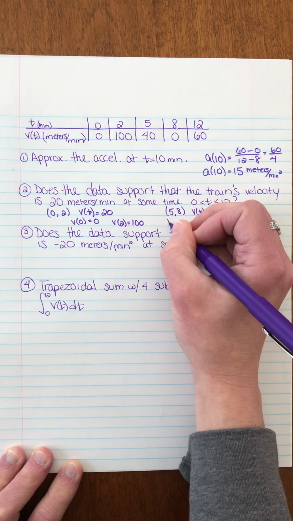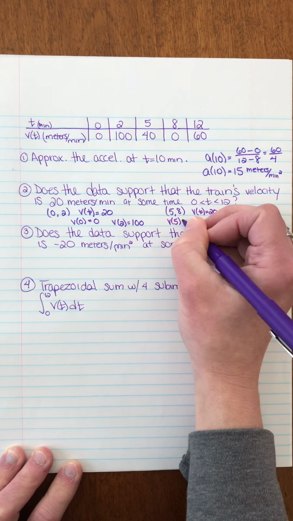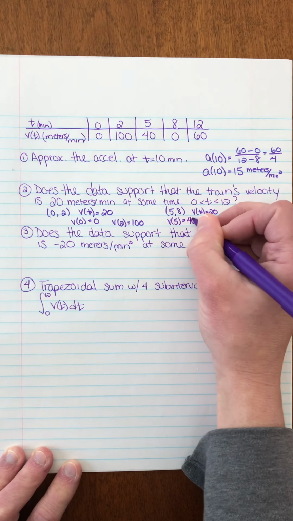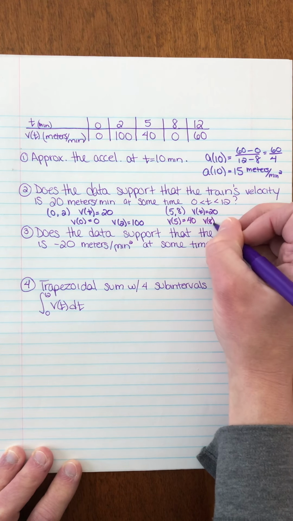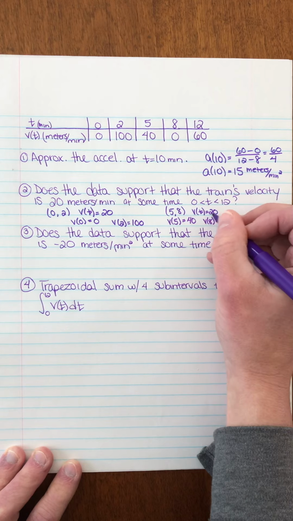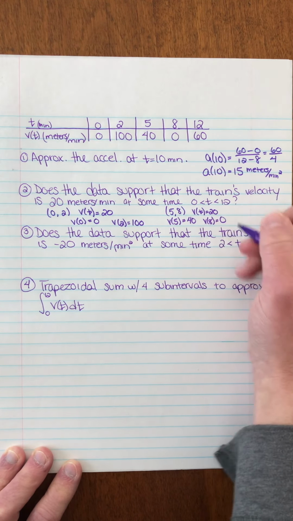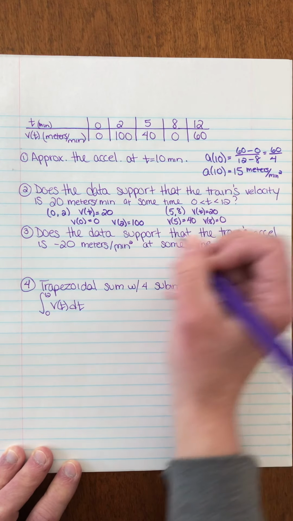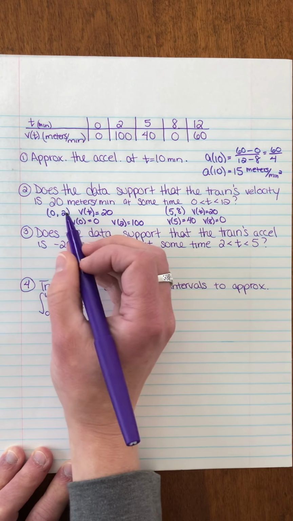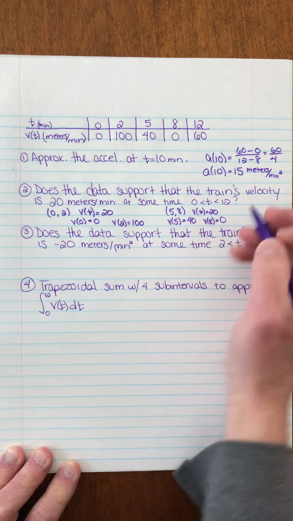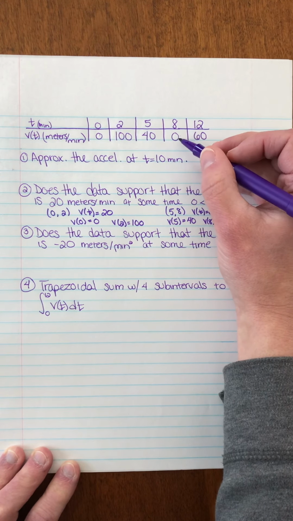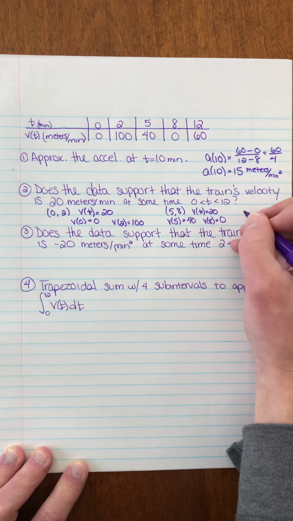Because v of 5 is equal to 40 and v of 8 is equal to 0, therefore v of t equal to 20 is in between 40 and 0. So that's another point. So we have one time between 0 and 2, another time between 5 and 8, and then one more time it goes from 0 to 60.